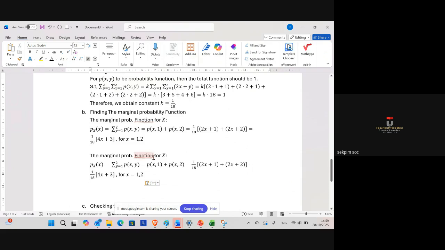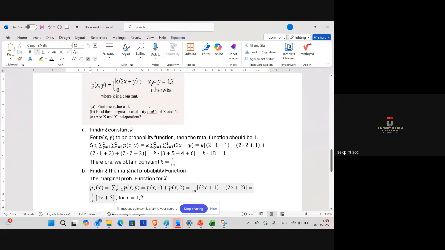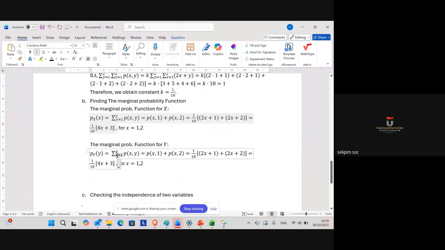The marginal probability function for y, we get p_y. p_y only depends on y, and we sum over all x. From this function we know x is from 1 to 2.